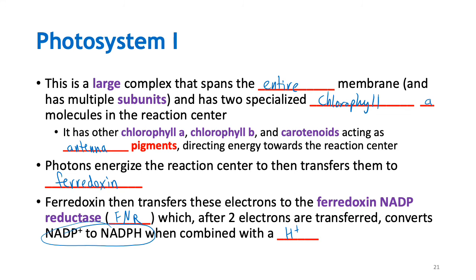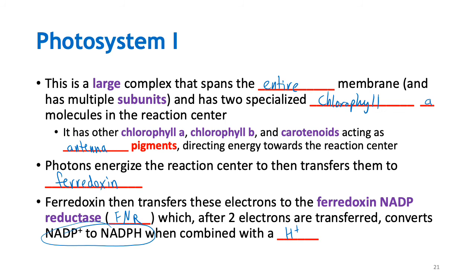You have photosystem 1. It's kind of doing the same thing photosystem 2 did. It gets struck with a photon of light. It eventually makes it to this P700 rather than the P680 in photosystem 2. This is the P700 reaction center. And then the reaction center, the chlorophyll A, loses an electron. That electron then gets passed on to ferredoxin.